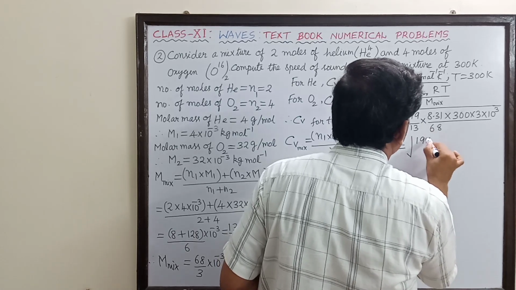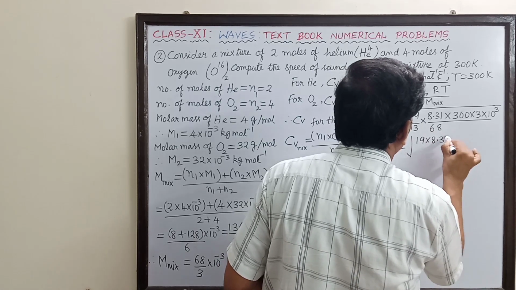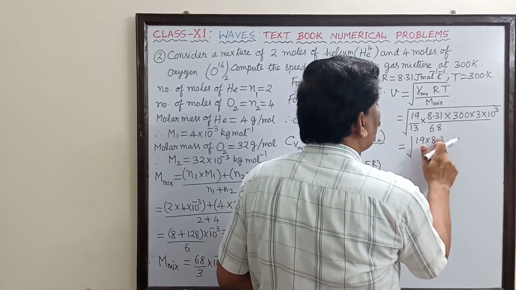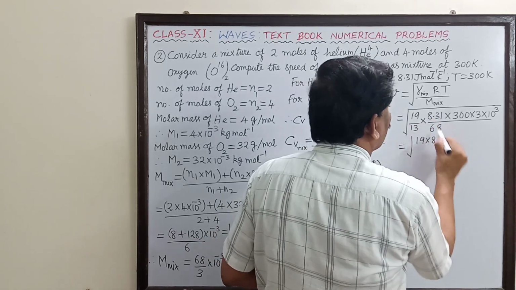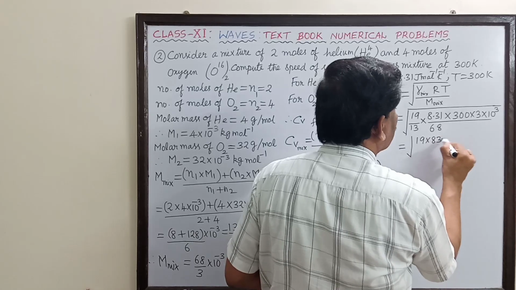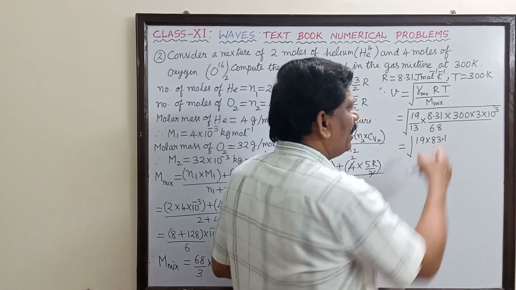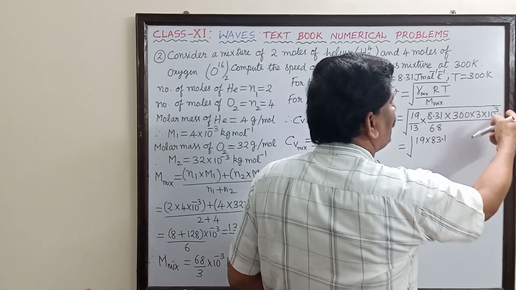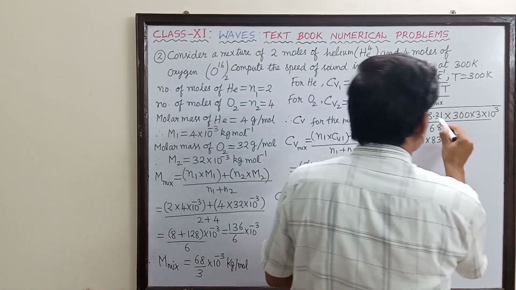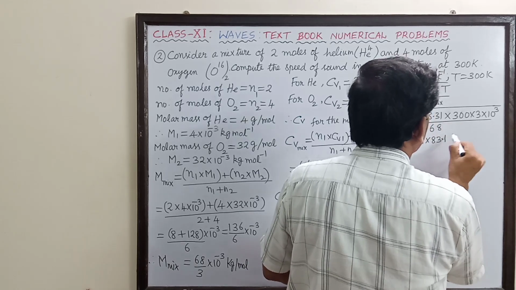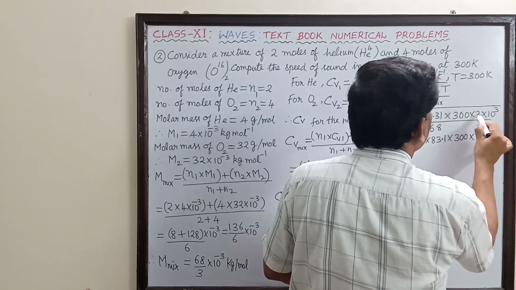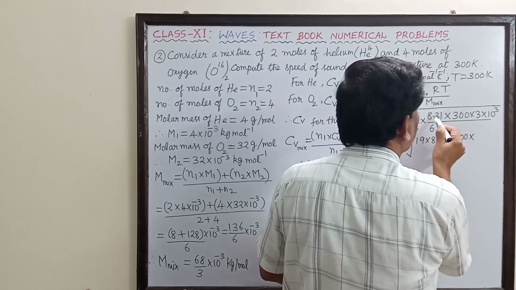Now this is equal to square root of 19 into 8.31. Now this one can be written as 83.1. I am going to shift this 83.1. So 83.1 means I have multiplied by 10, so this power I can reduce as 10 power 2, is it not? So 83.1 into 300, and 300 into 3000 is there. 10 I have multiplied here.